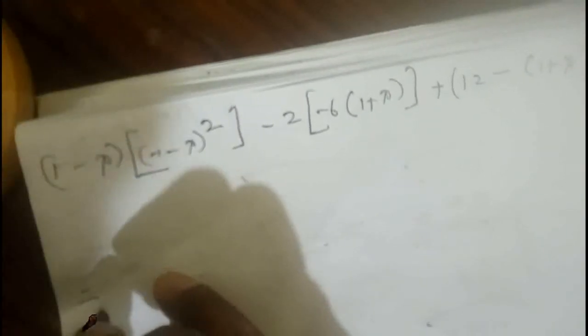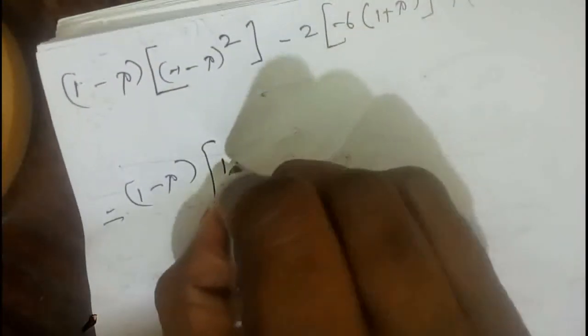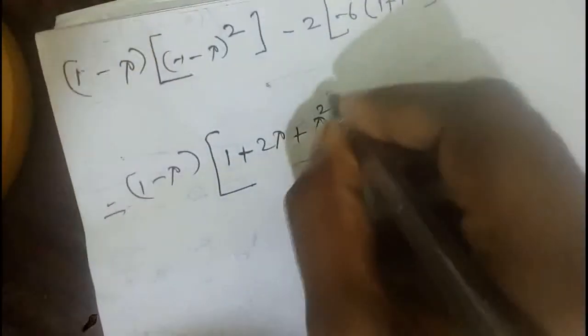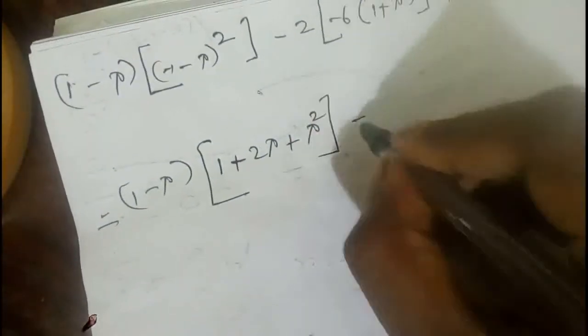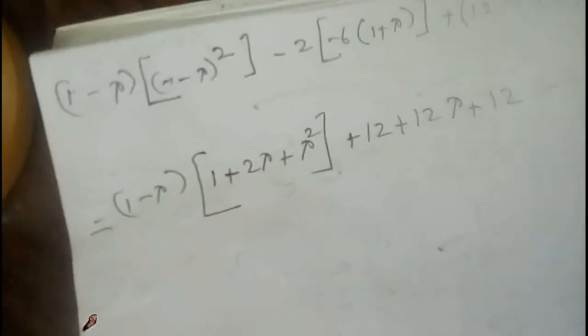Then expand. We get 1 minus lambda into 1 plus 2 lambda plus lambda square, minus 12 plus 12 lambda plus 12, minus 1 minus lambda.